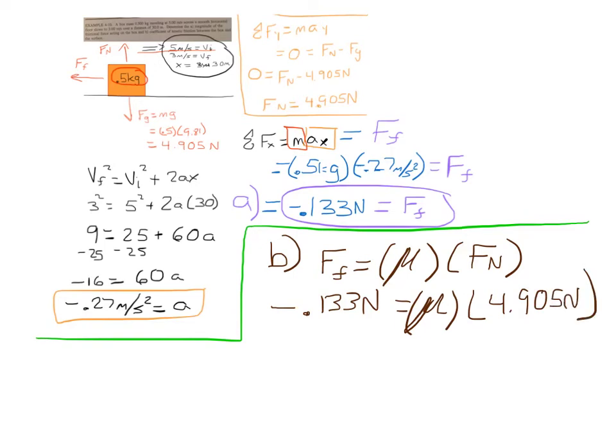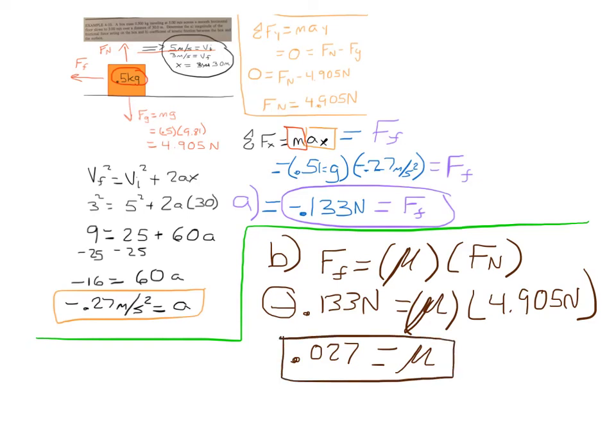So if we divide by 4.905 newtons, we get the coefficient of friction to equal 0.027. Notice that I took away the negative because the coefficient of friction is like an absolute value. It's unitless. So that's your final two answers.